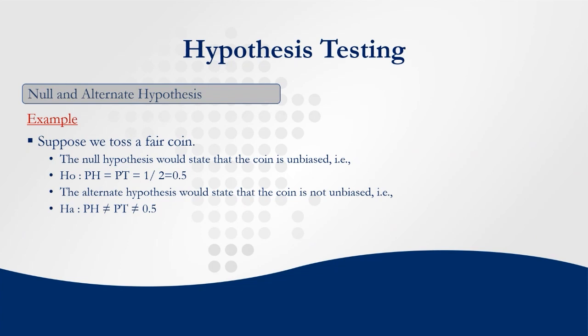So our null hypothesis would be saying that the coin is unbiased, meaning the probability of getting a head is the same as the probability of getting a tail. And then the alternate hypothesis will oppose what the null hypothesis said.